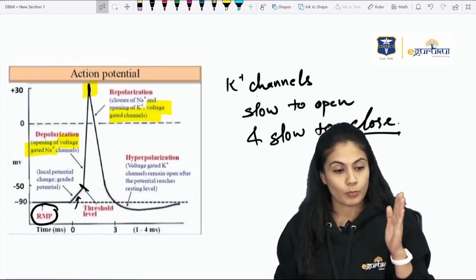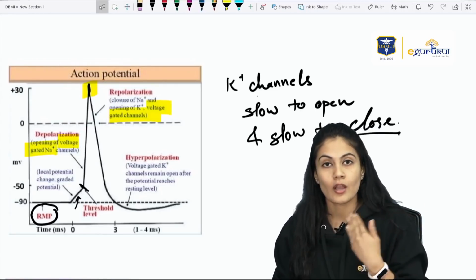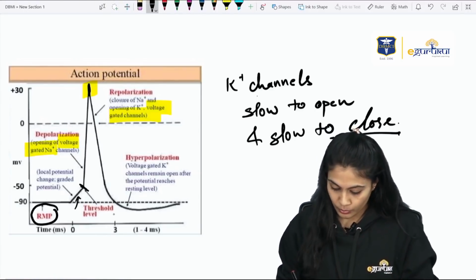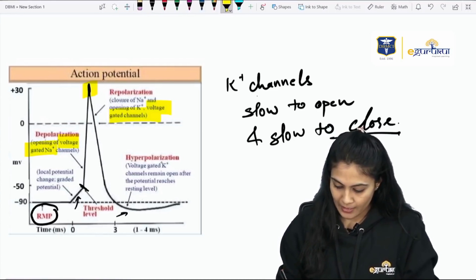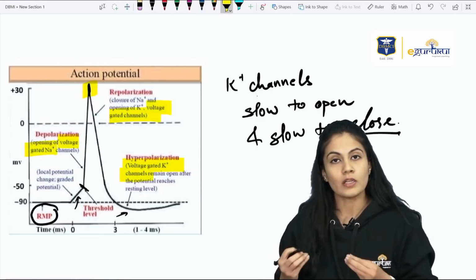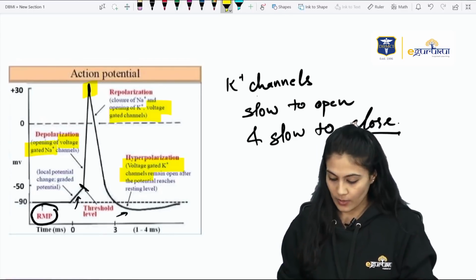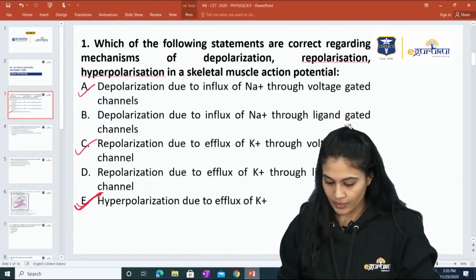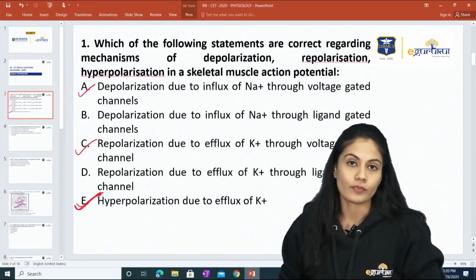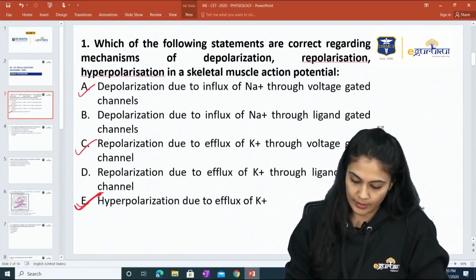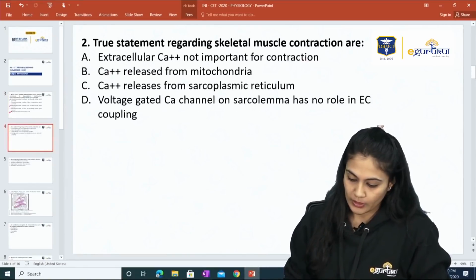More and more potassium leaving makes the cell more negative even beyond the RMP. That is the hyperpolarization, and it is because of the same voltage gated potassium channel that remains open even after the RMP is reached. So the answer of this question is option A, C and E. All these options are correct. Okay, let's move on to the next question.